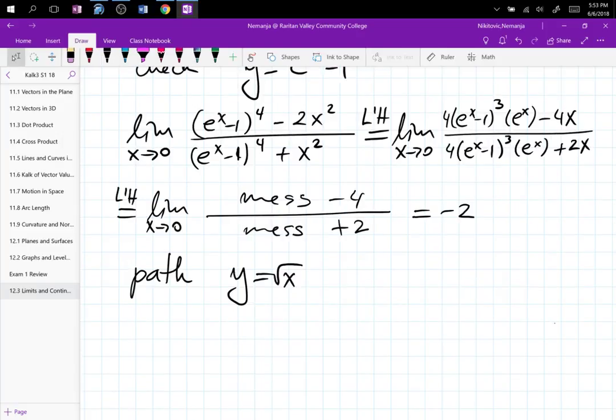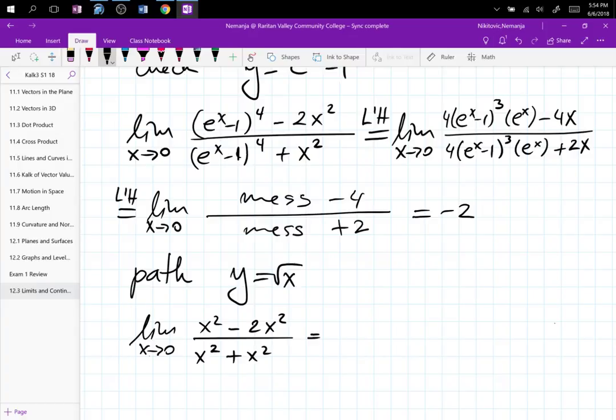So path, let's see this one. Now limit as x goes to 0. We have a square root there, so that's going to be x squared minus 2x squared divided by x squared plus x squared.